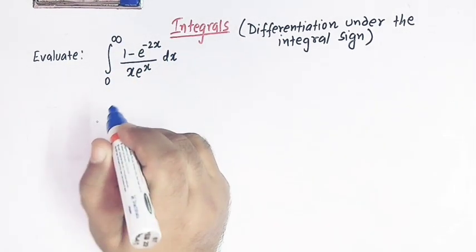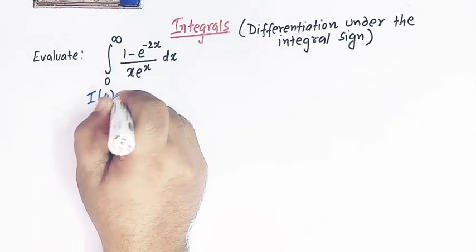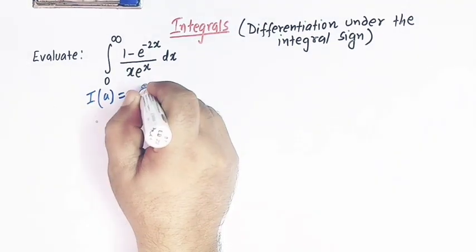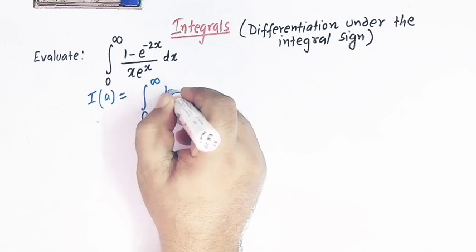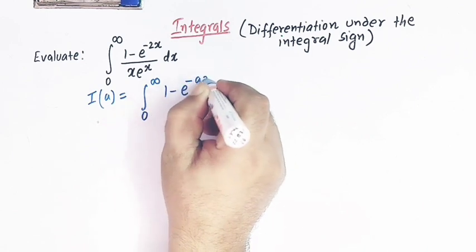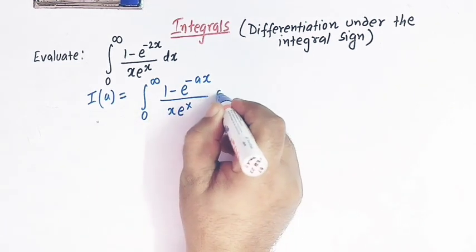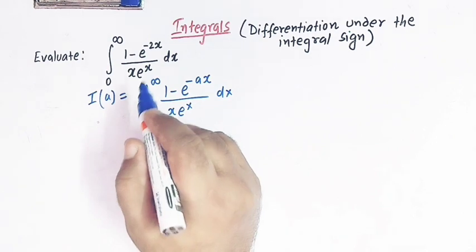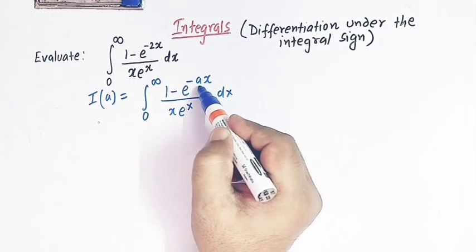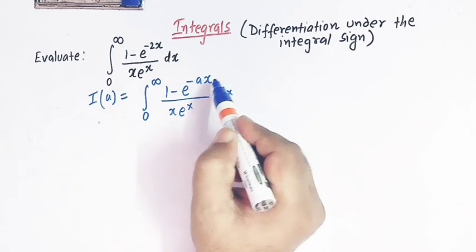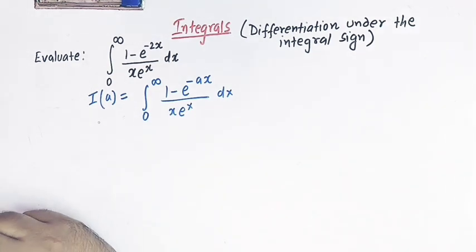So we'll take an integral which is a function of some parameter a, and we can write I(a) as the integral from 0 to infinity of 1 minus e raised to minus ax divided by x times e raised to x dx. So we have introduced a new parameter a, and we have written this integral as a function of a.